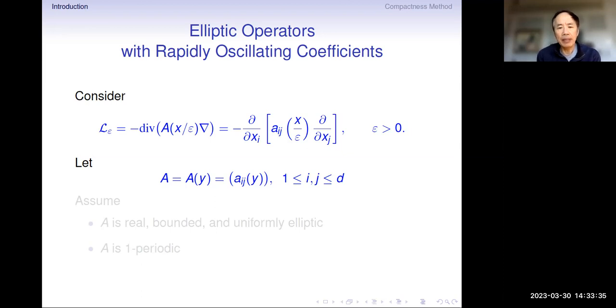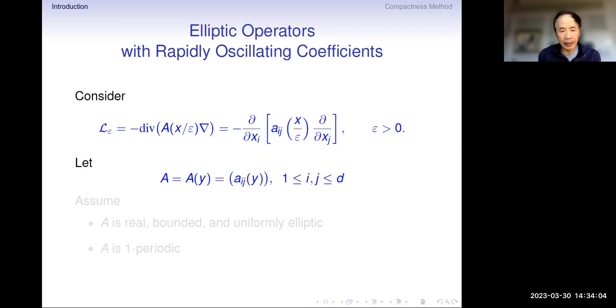Okay, so let me first recall that the operator for the elliptic equation we're dealing with is in divergence form. And there is a small parameter epsilon in the coefficient matrix, and it appeared in the denominator of the variable.